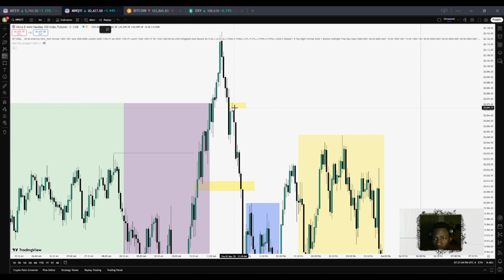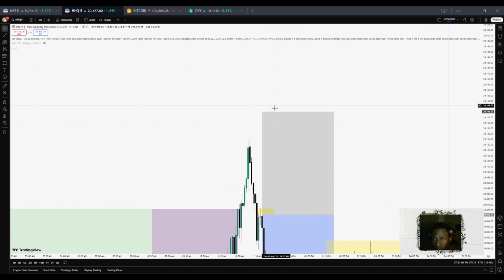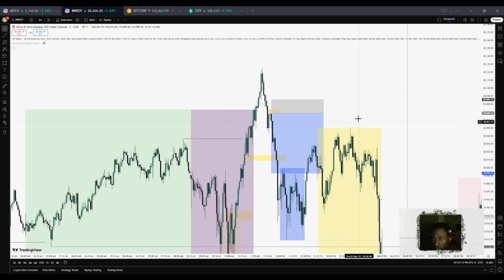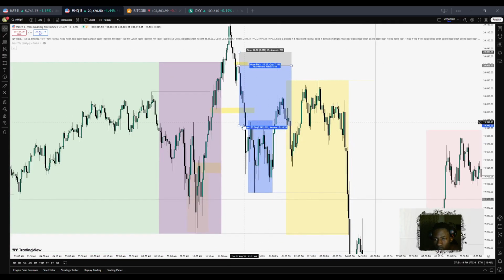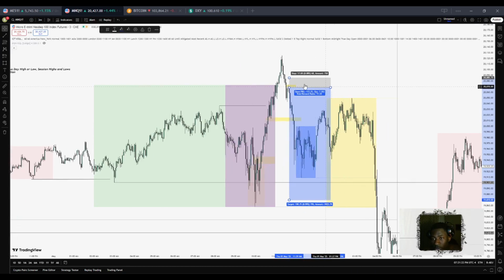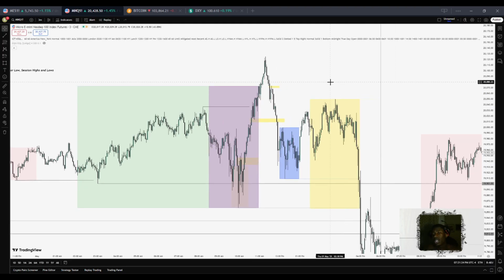You just put your short entry there, and then if you want to play safe, you can just have a stop right on this candle's high, and then you can tag maybe Asia lows or London lows again, sorry, or previous day lows. Yeah, that's just how I trade the IFVG model.